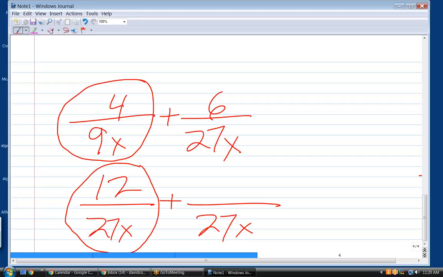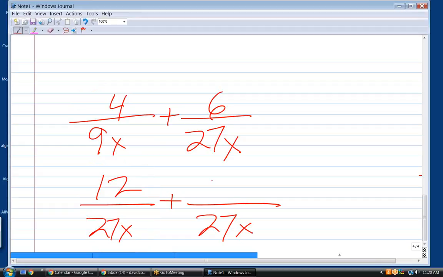Just make sure that you do not change the value of the expression. So would 6 over 27 still be 6 over 27? Yes. And now you can add the 2 together because they have a common denominator. So it would just be 18 over 27? Can't throw away the x. The x comes along. Yeah, that's what I meant. However, there is a simplification that can be done.